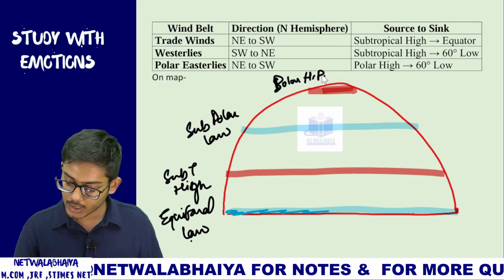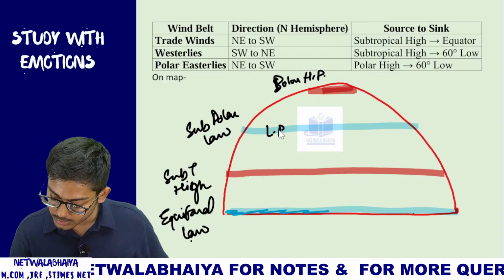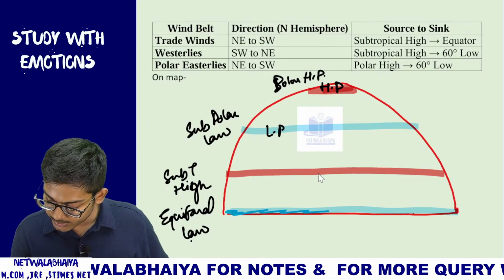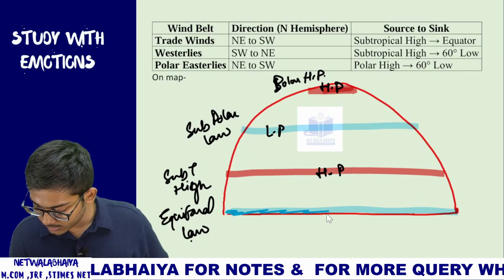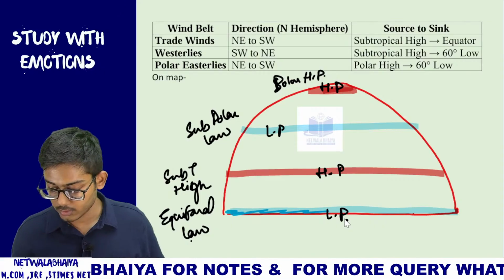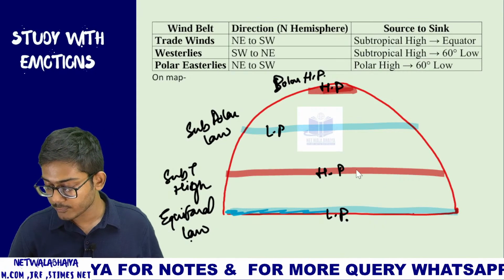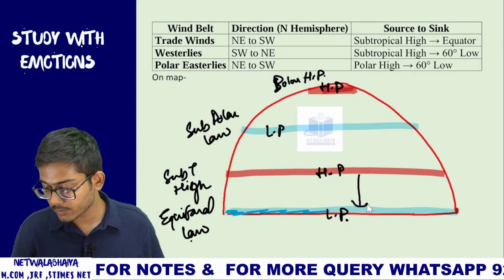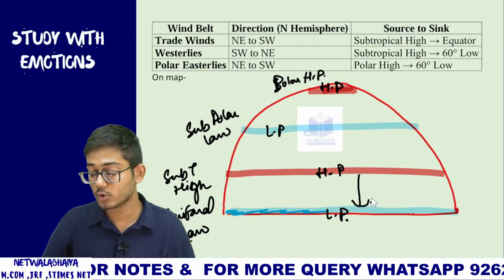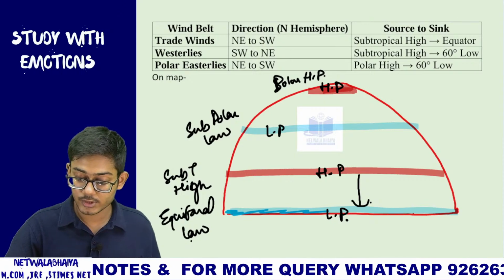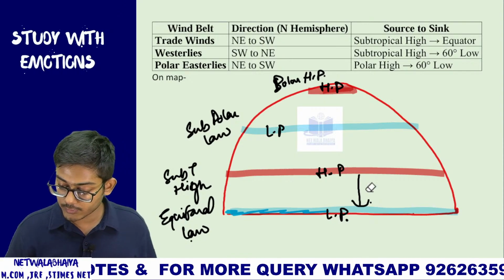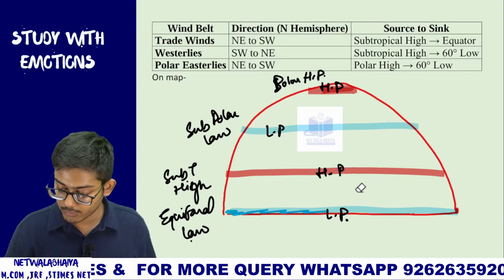Now because here is your low pressure, here is your high pressure, there is again high pressure here, then there is low pressure again here. Okay, so if the wind needs to move, the wind will move from high pressure to low pressure, isn't it? But notice that because of the factors that we studied right now, the wind will not come like this.